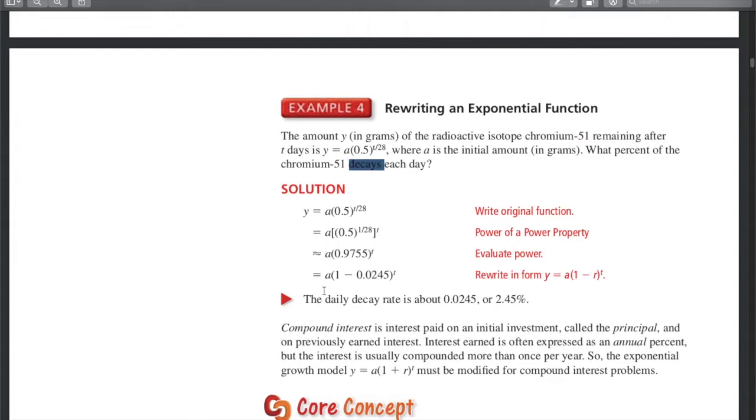So if you write 1 minus r is equal to 0.9755, you actually are able to solve for r. Now, for those of you who have been wondering how to do that, let me help you. If you write 1 minus r is equal to 0.9755, in order to solve for r, we have to add r to both sides and subtract 0.9755.